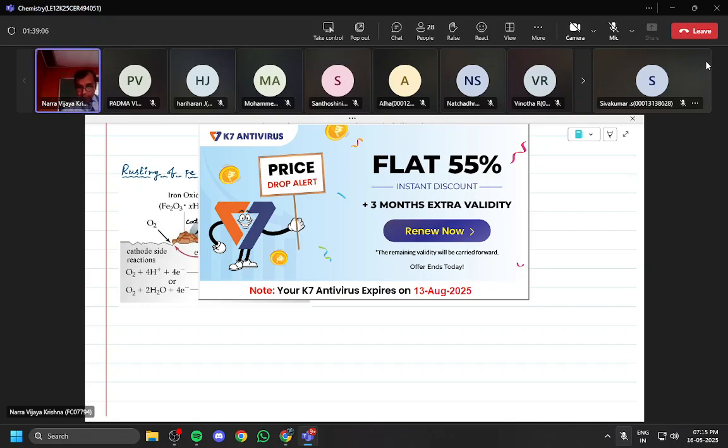So what happens in the anodic part? Oxidation only. Iron which is in contact with the water droplet undergoes oxidation. So why does it have to undergo oxidation?